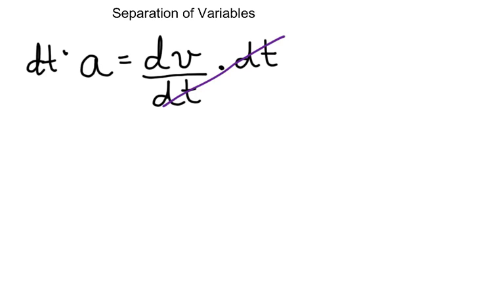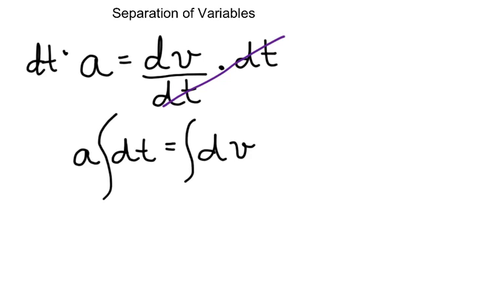And when we rewrite this, we will get on the left side a dt is equal to dv. Now, if we integrate both sides of these equations, we would write it like this. Notice my a comes out in front of my integral sign because it's a constant.